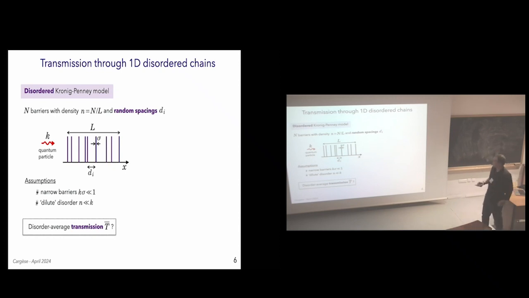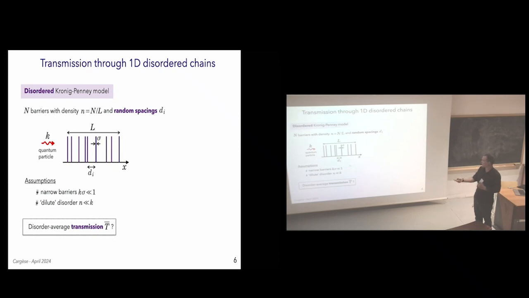Here the goal is to compute the transmission coefficient of a certain quantum particle through this system, averaged over disorder realizations. And here the averaging is by definition an averaging over all these random spacings. Okay? To do so, I will only make two assumptions.